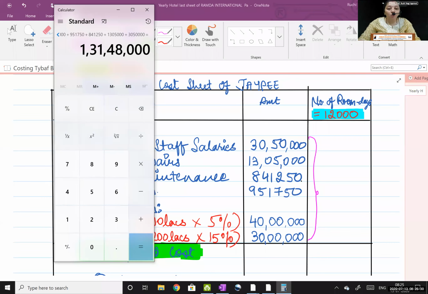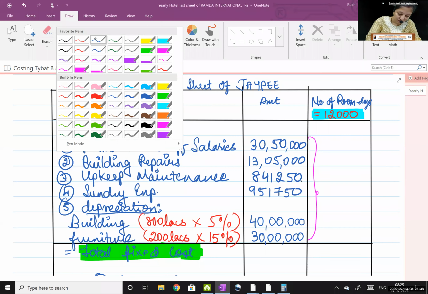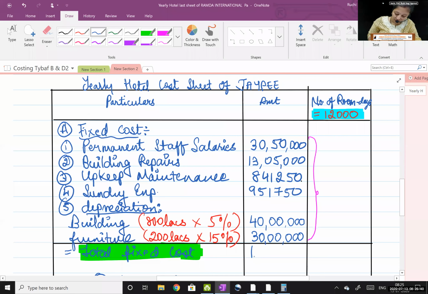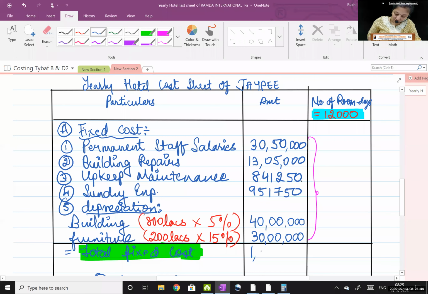The answer is 1 crore 31 lakh 48,000. So write it here. 1 crore 31 lakhs 48,000. Okay. This is my fixed cost, total annual.